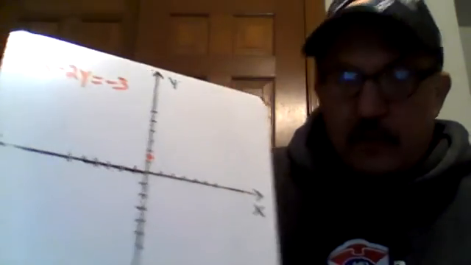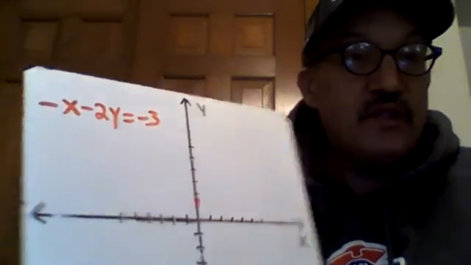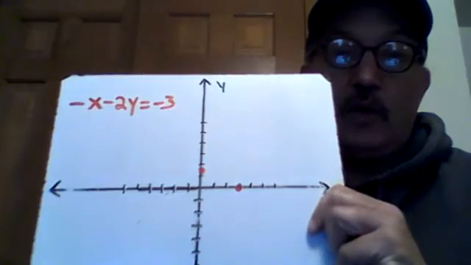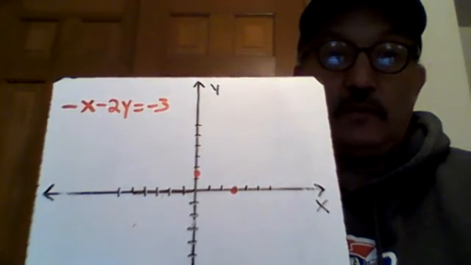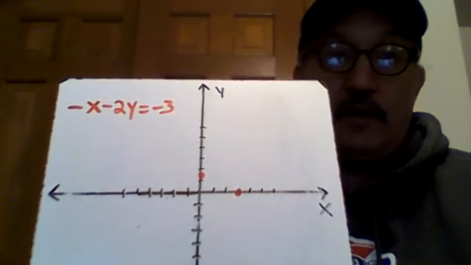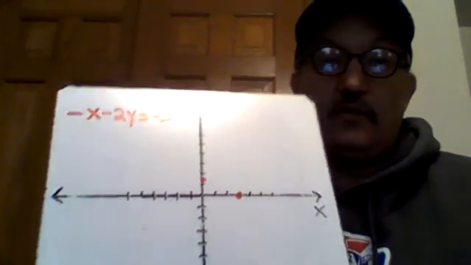And then the other point that we just found was 3, 0. 3 to the right and on the x-axis. So once again, if you have two distinct points, there's only one line that goes through those 2 points. So if we take a ruler and connect those 2 points, we have the line, which is the graph of the linear equation.